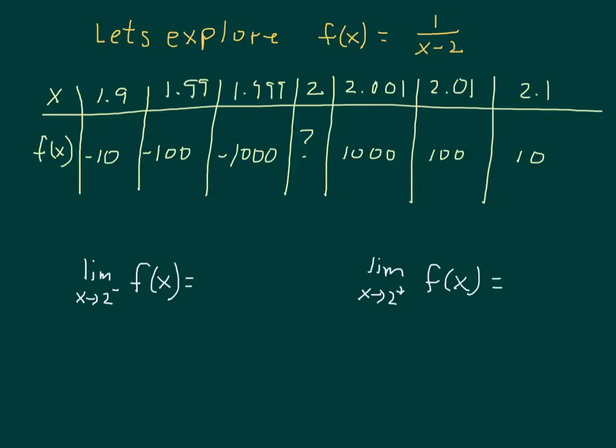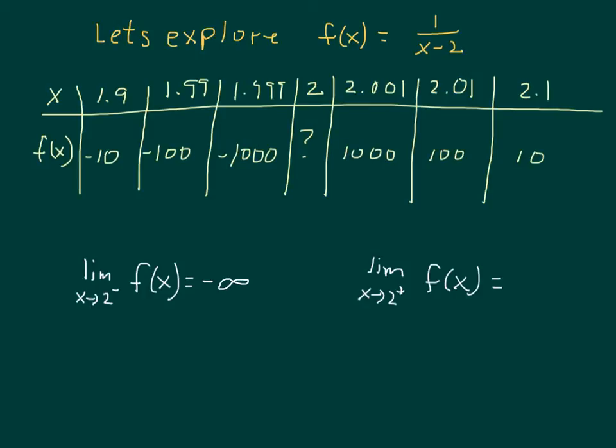So I can say that the limit as x goes towards 2 from the left, and remember that negative sign means from the left, of f of x is negative infinity. We're just getting big numbers in the negative direction as we keep moving closer and closer to 2.